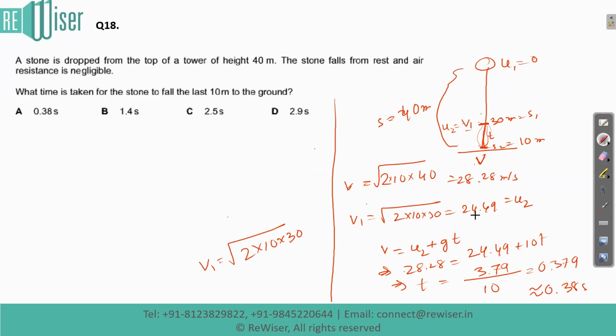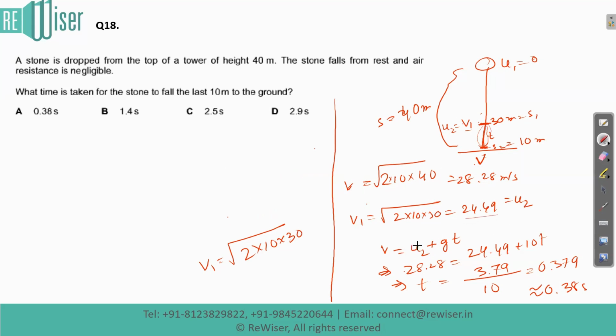That is how we found out that this V1 is 24.49. Now, what did I say? If I consider the journey from here to here, this V1 becomes U2, that means the initial velocity at this point. So we can consider this 24.49 as U2.